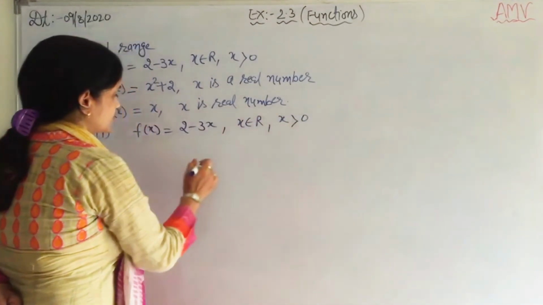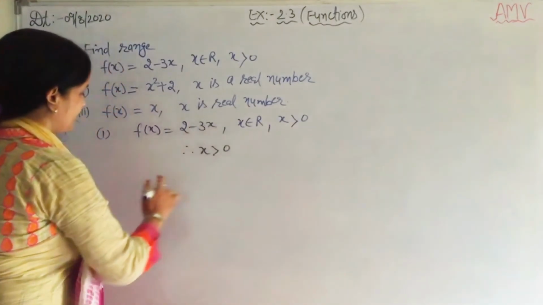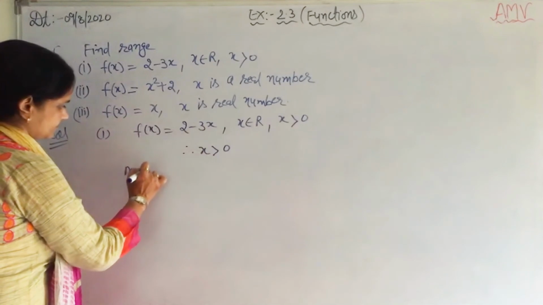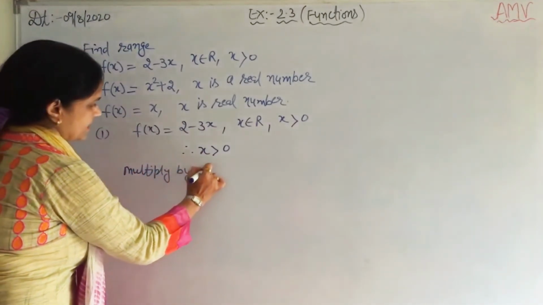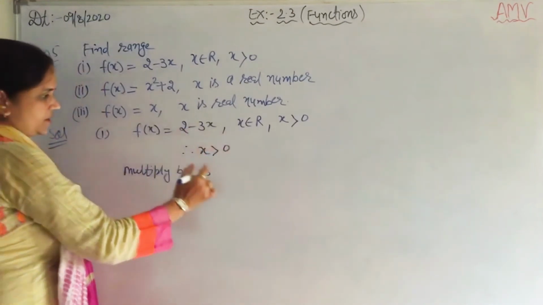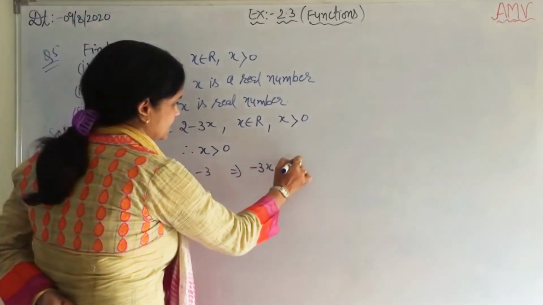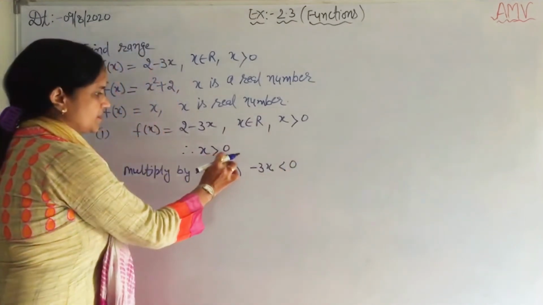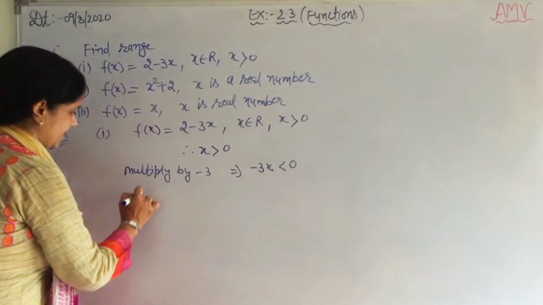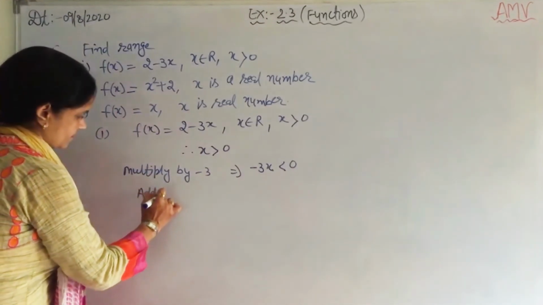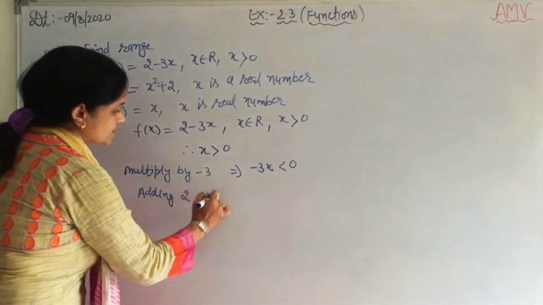Here students, x greater than 0, if we multiply this by minus 3, you will get minus 3x less than 0. 0 into minus 3 is 0 only. And now add 2 on both sides.